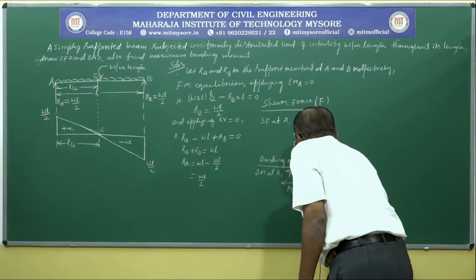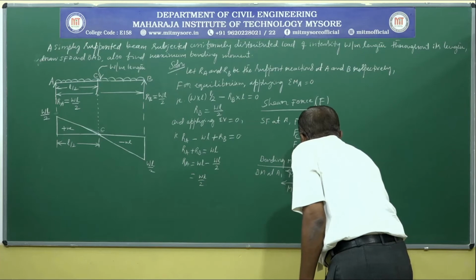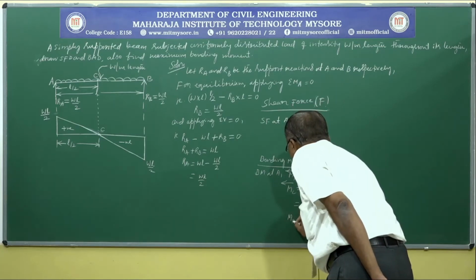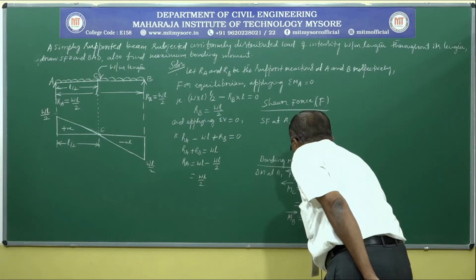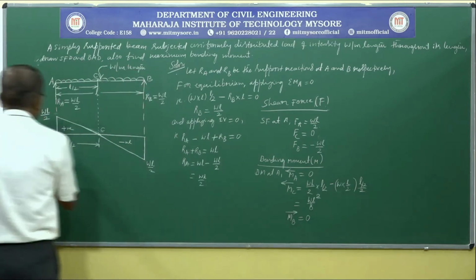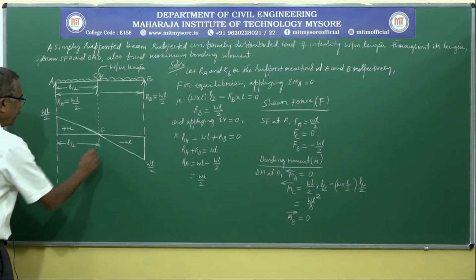Solving this you will get WL square by 8. Next, bending moment at point B is equal to 0. Let us draw the bending moment diagram.